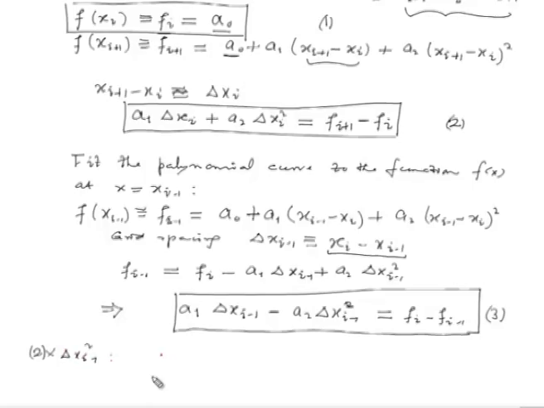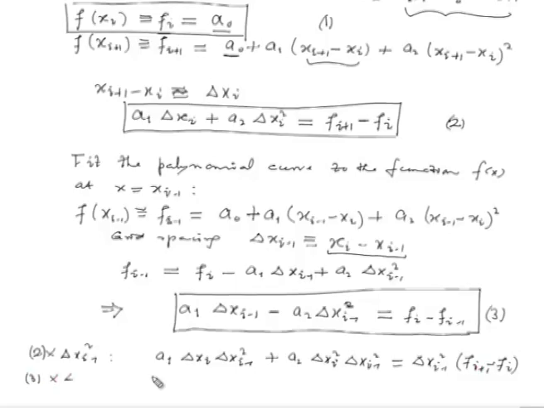So this will give us a1 times delta xi minus 1 squared plus a2 times delta xi square delta xi minus 1 whole square is equal to delta xi minus 1 square times f of i plus 1 minus f of i.